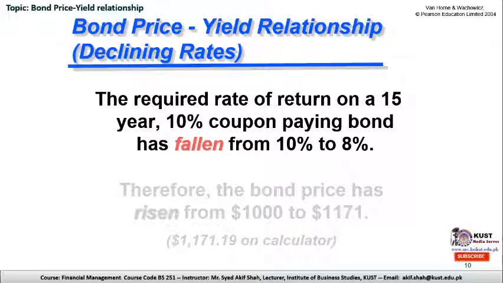Let's discuss with the help of a numerical example. The required rate of return on a 15-year 10% coupon paying bond has fallen from 10 to 8%. Then what will be its price?